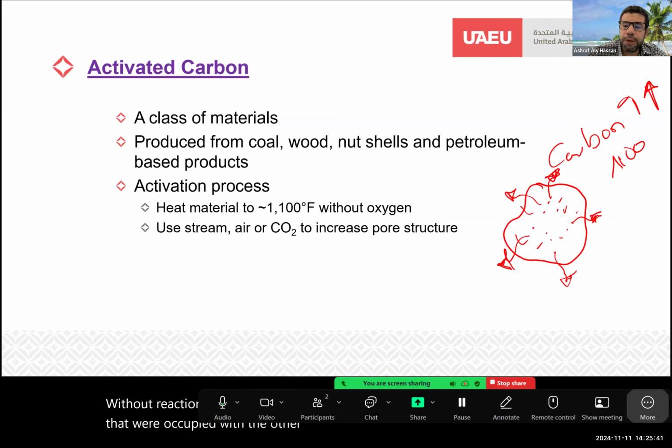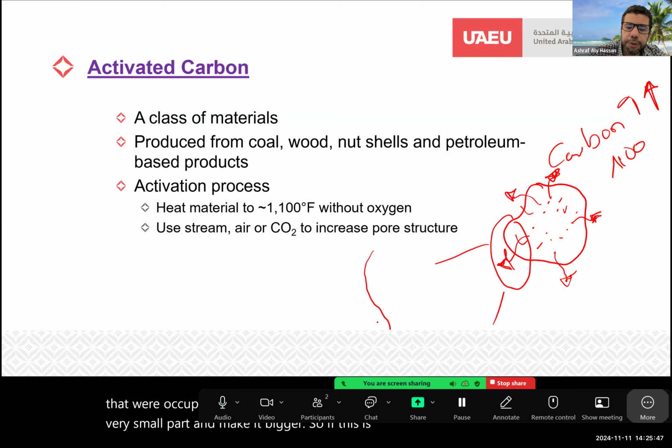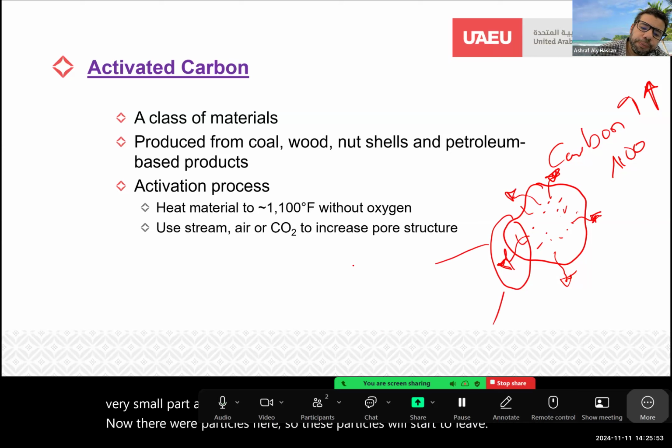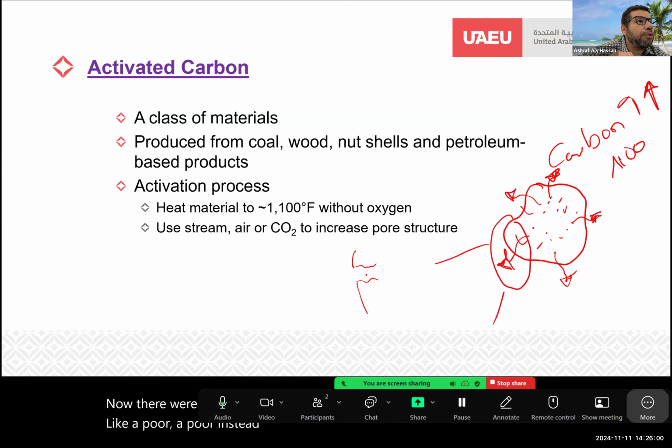So let's just take a very small part and make it bigger. If this is the surface, there were particles here. So these particles will start to leave, like a pore instead of the impurity that was there. And then there were smaller impurities here, and then smaller impurities over there, and then here.